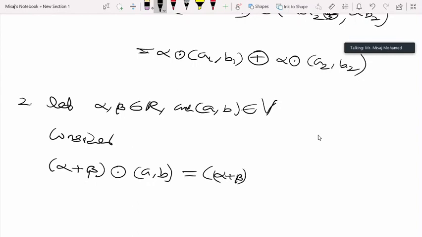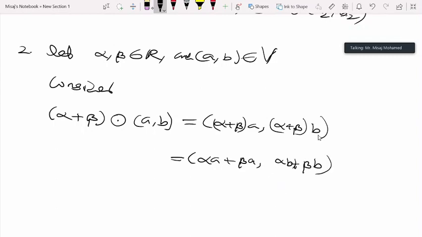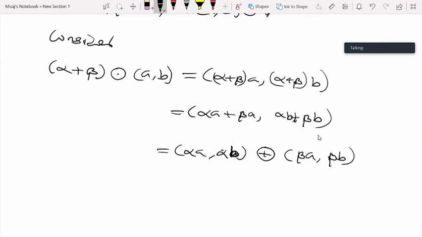(Alpha plus beta) into A, (alpha plus beta) into B. This can be written as alpha A plus beta A, alpha B plus beta B. So I can separate this as (alpha A, alpha B) plus (beta A, beta B).